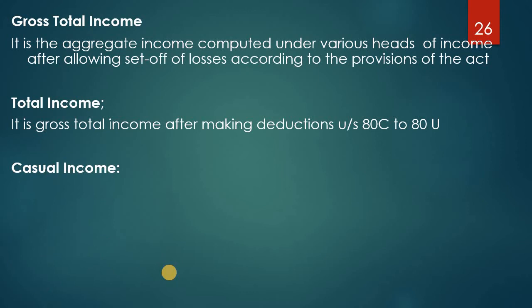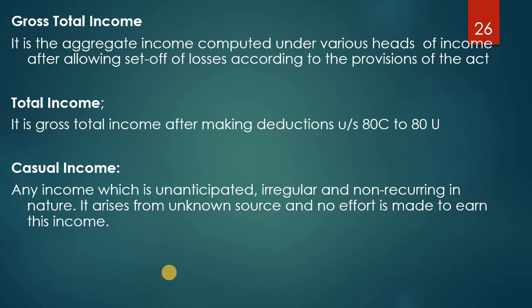Then casual income. As the name indicates, casual means it's irregular, not regular income. It is any income which is unanticipated, so you don't expect that income will come.